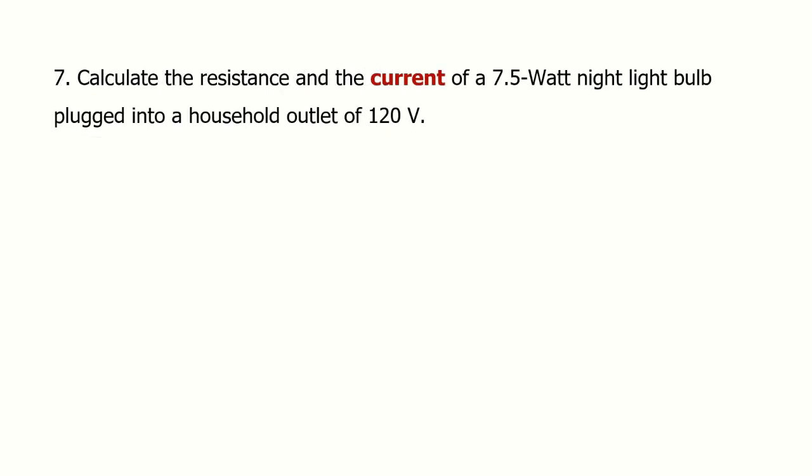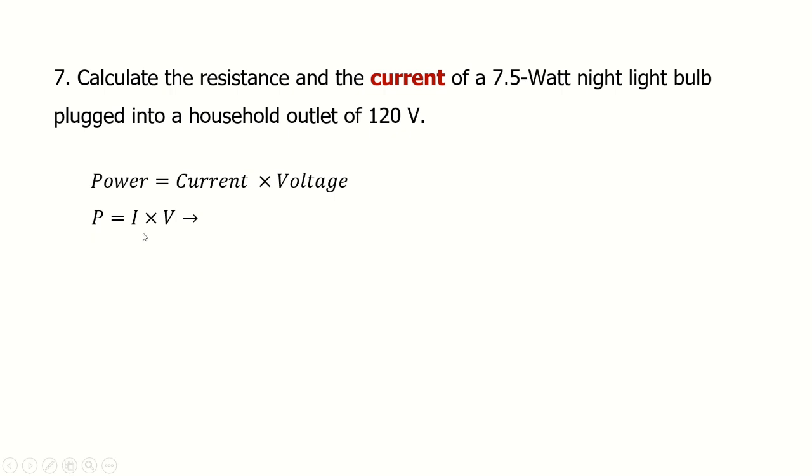Calculate the resistance and the current. So we are calculating for 2 things here. Of a 7.5 watt night light bulb plugged into a household outlet of 120 volts. So we're given power and voltage, and we need to calculate 2 things, resistance and current. So let's calculate current first, because that's already in the formula for power.